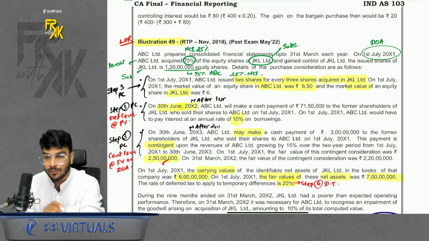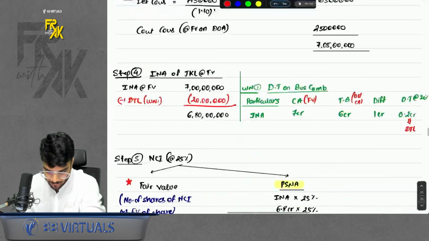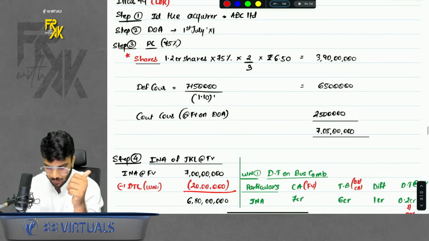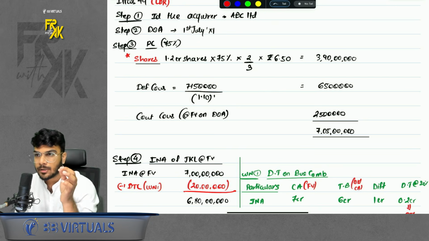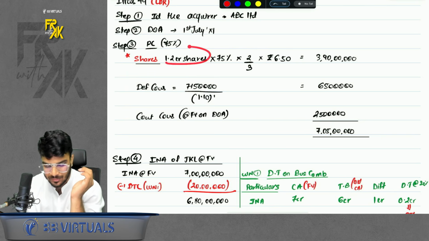Now the confusing part is they have given the fair value of both the company shares. Do remember, PC is given by the parent, so in PC you will multiply by the share price of the parent. When you take step number 3, PC, two mistakes you can make. When PC is given in shares at the ratio of 2 shares for every 3 shares, take the total shares of the subsidiary.